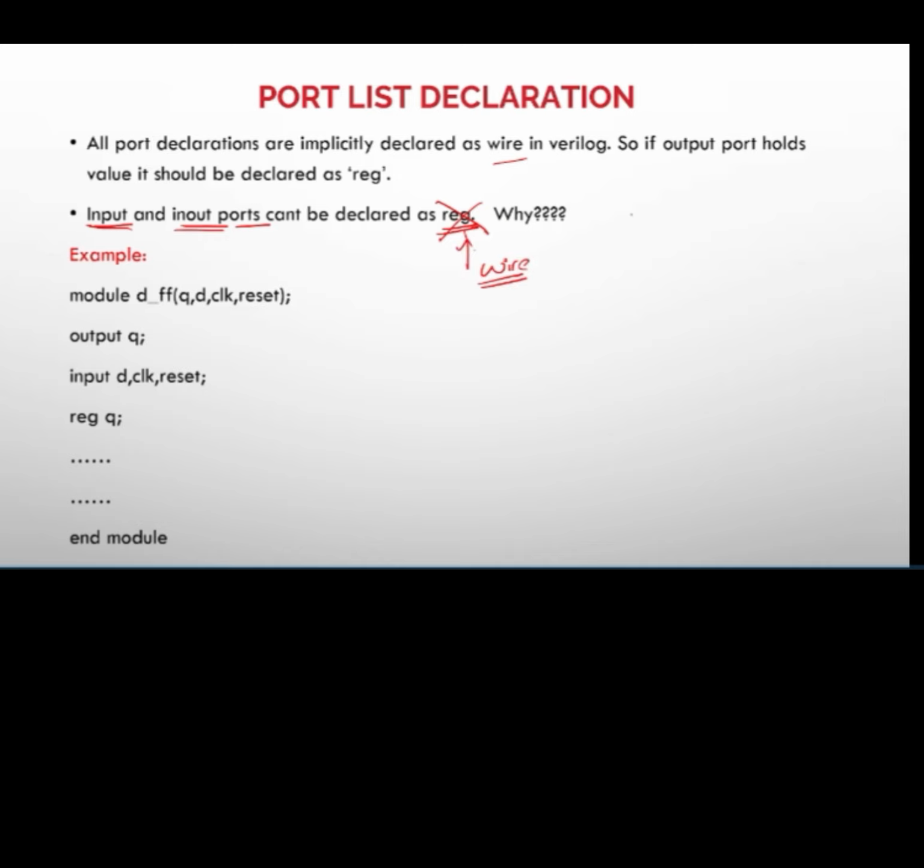And when coming to output, output is by default wire. Why is it wire by default? We can't say that this is the ultimate output we want. It may have intermediate connections.